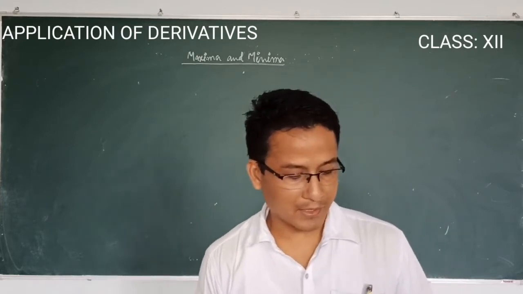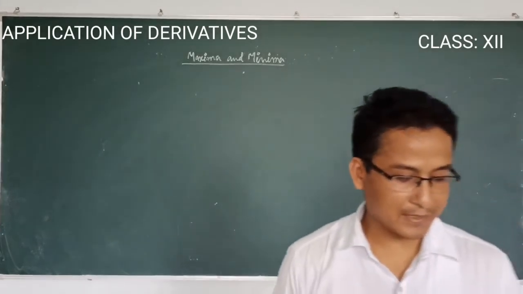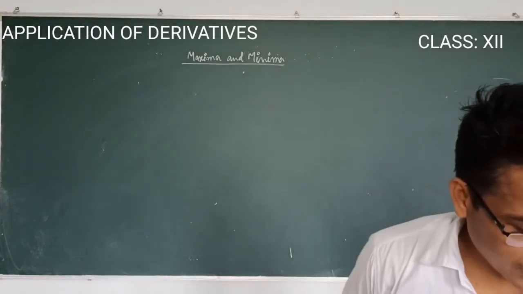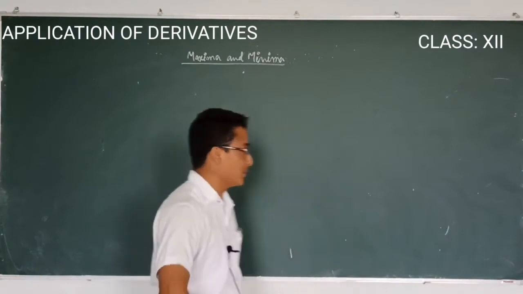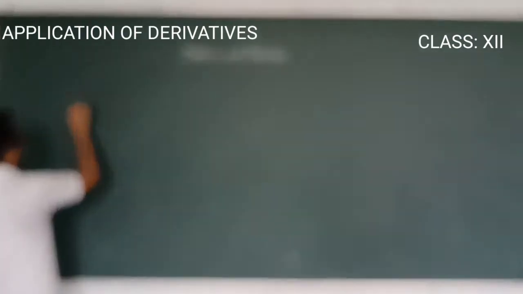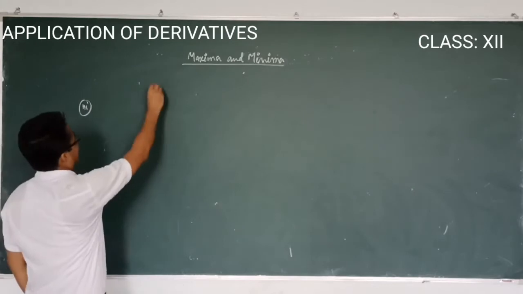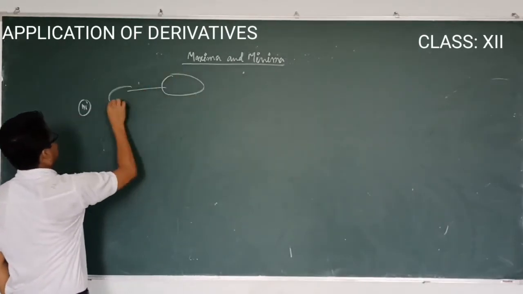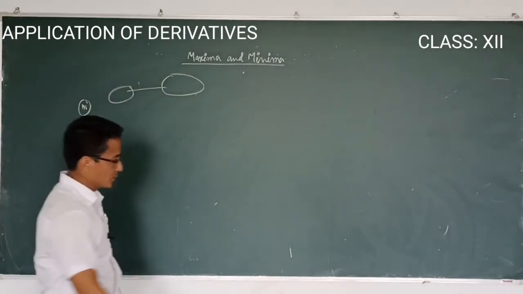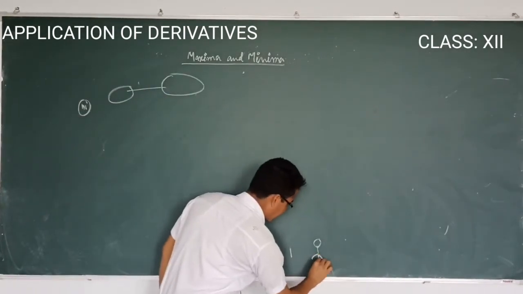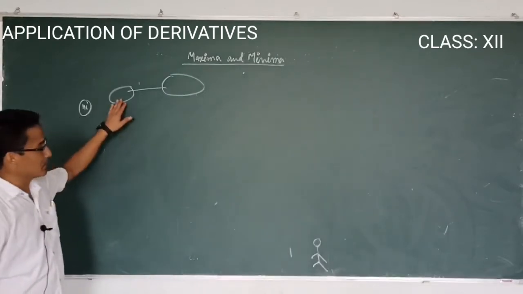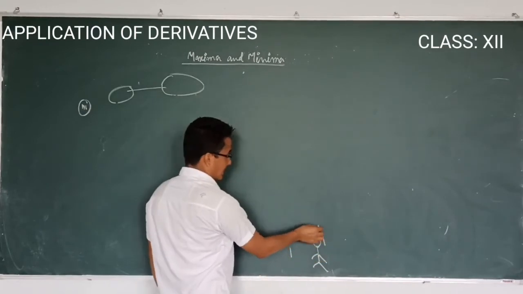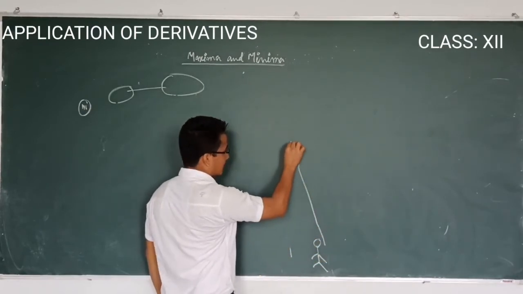The third example is an interesting one. An Apache helicopter of the enemy is flying along the path given by the curve. A soldier places a gun at a point where the helicopter is nearest to him. What is the nearest distance? That means in number three, they are saying that an enemy helicopter is flying, this is the helicopter, and here is the soldier.